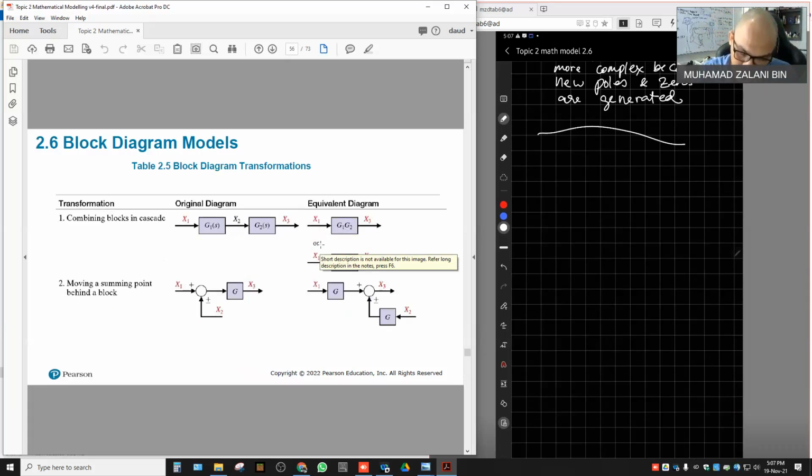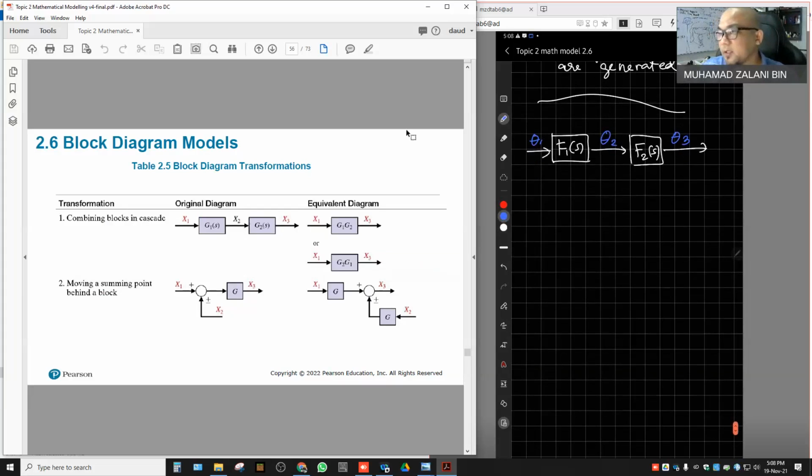Let's say I have two cascaded blocks, F1(s) and F2(s), with the input and output like that. The input is theta 1, in the middle we have theta 2, and the output is theta 3. So we want the expression in terms of theta 3 and theta 1. We want to combine these two cascaded blocks.